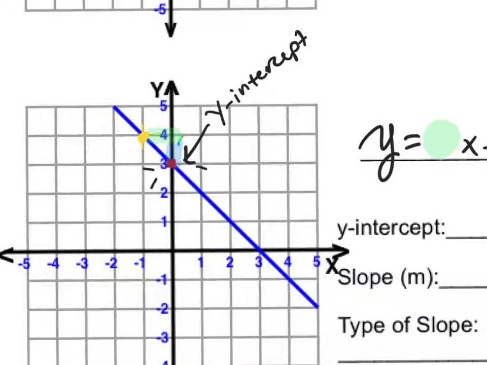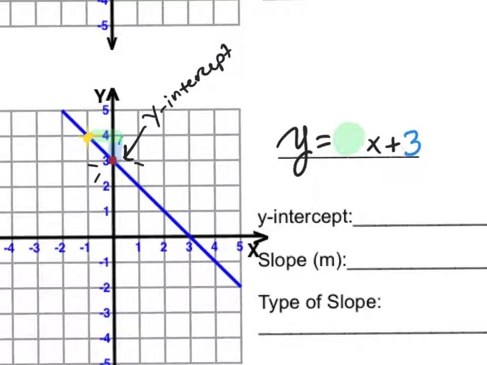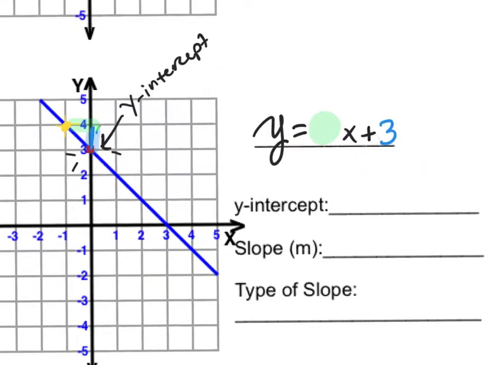Isn't that a perfect intersection? Yes. So what's my rise? What was my change in y? Rise 1, and I'm going up. And run to the left. So be careful. It's -1 because you went to the left.